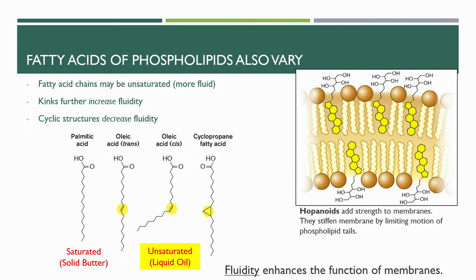And so just another reminder, there are also these hopanoids. They add strength to the membrane, so they help stiffen it by limiting the motion of the phospholipid tails.